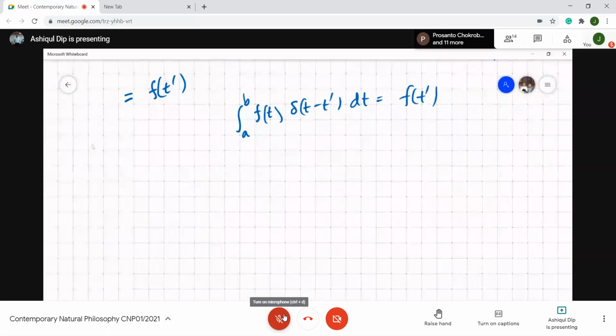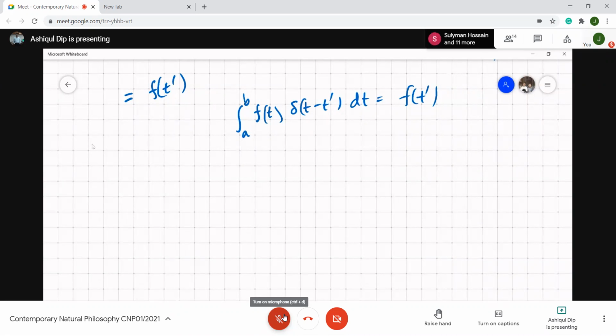I think the delta function being symmetric is also a definition. Yeah, that's a definition, obviously. By definition, the delta function is symmetric.